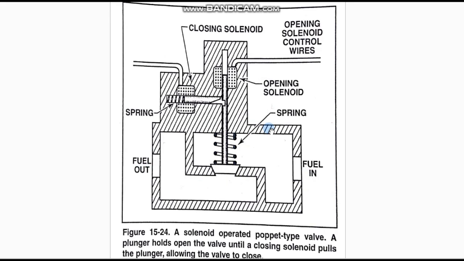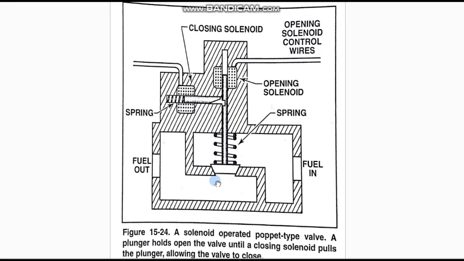How will this operate? Electrical power will go through the wire to the solenoid. The solenoid will raise this rod. When this rod is raised, the second rod, by spring, will close and will make this rod open. When this rod is open, the fuel will flow from the inlet to the outlet.